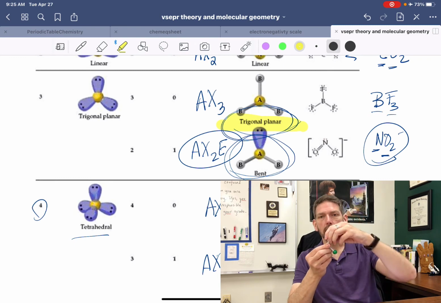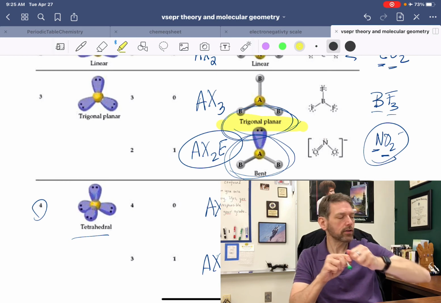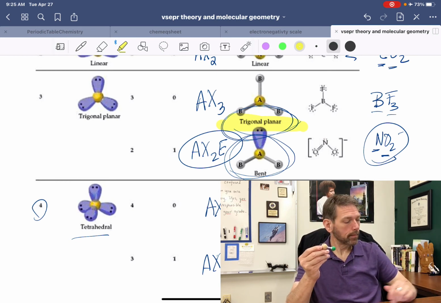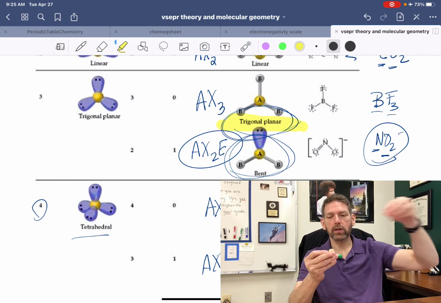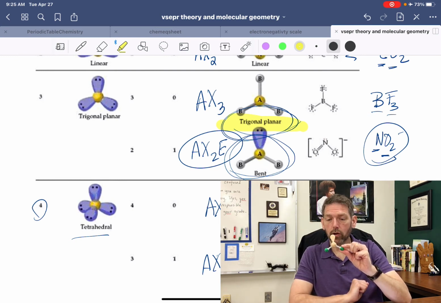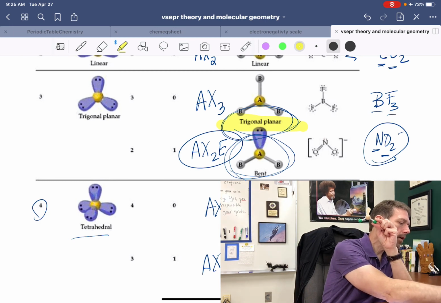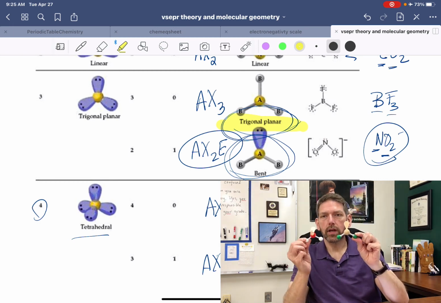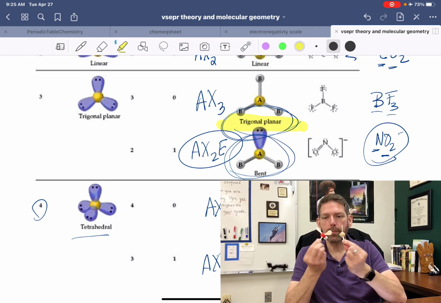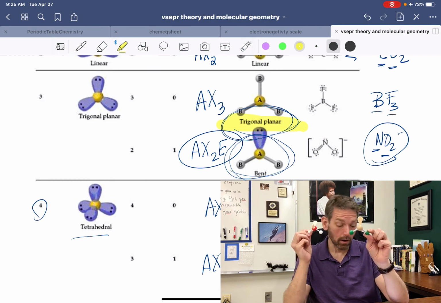Now, if all of a sudden this atom right here were to go away, then there's now nothing else left bonding right here. So what that means is all of a sudden now we've got a pair of electrons here, a lone pair of electrons. Now if you look at this, and you look at this, the 2 atoms are shaped pretty much the same, which is why we call this bent as well as calling this bent.